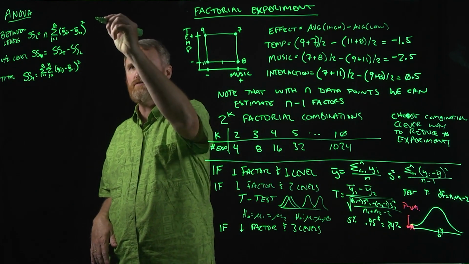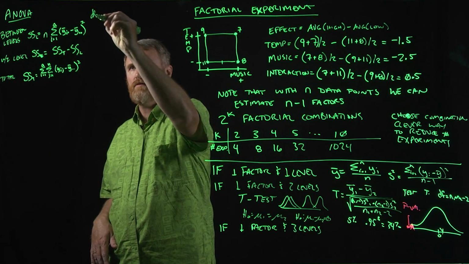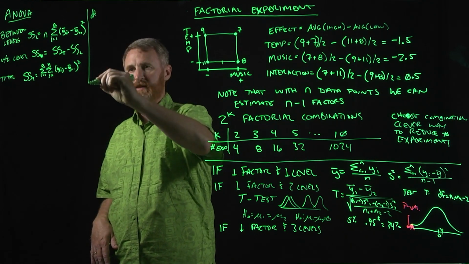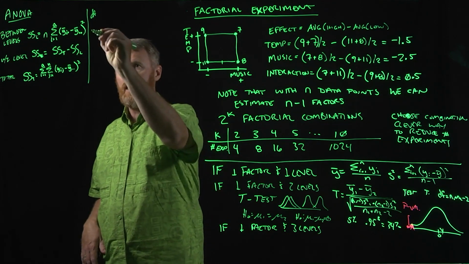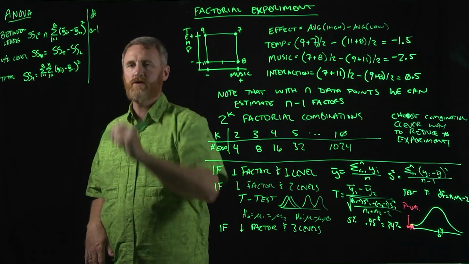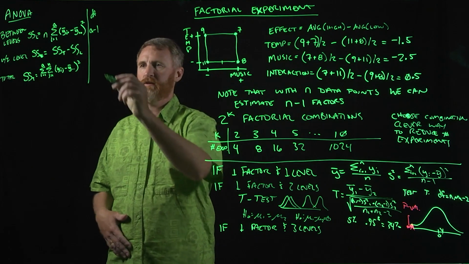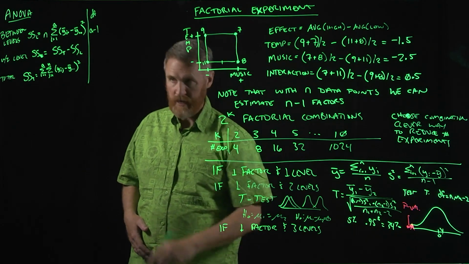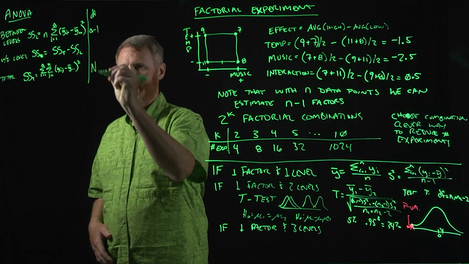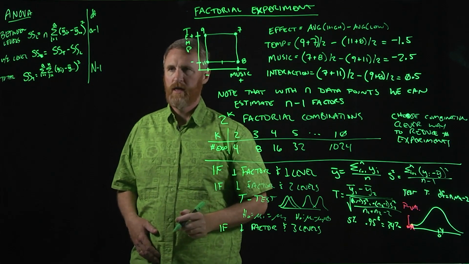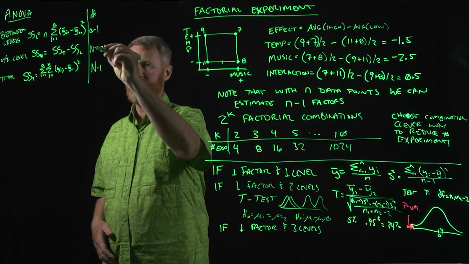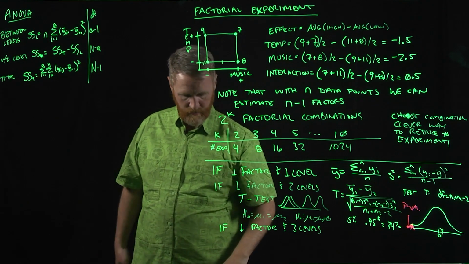The degrees of freedom for the levels is A minus 1. So if you have 3 levels, you have 2 degrees of freedom. The total degrees of freedom is however many data points you have minus 1. And then for the error you have n minus A degrees of freedom.